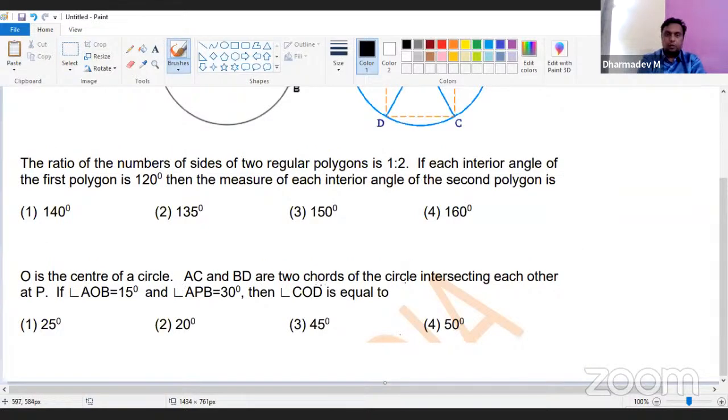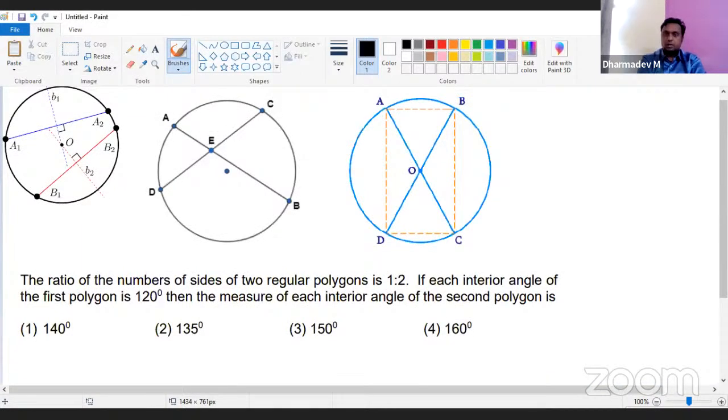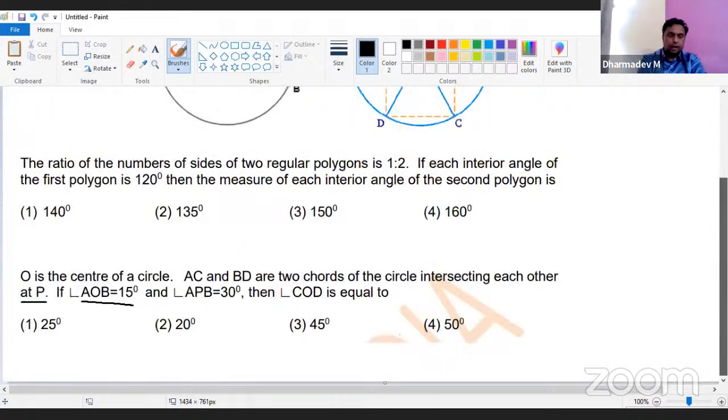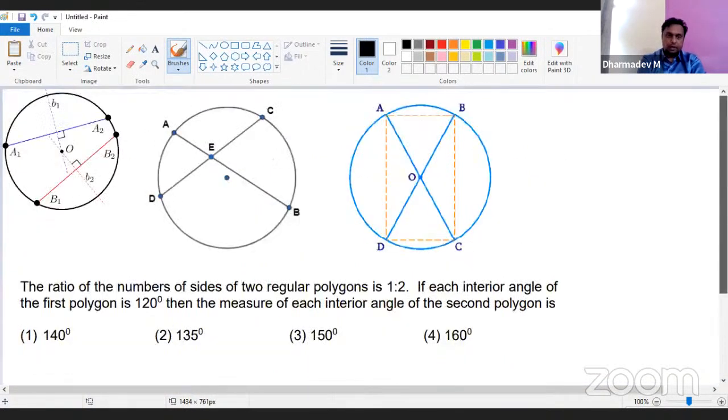AC and BD are the 2 chords of the circle intersecting each other at P. So now AOB makes 15 degrees. I can take up any of these kinds of pictures for you to understand. When I take AOB, it is making an angle. And next, when I take APB, it makes 30 degrees.